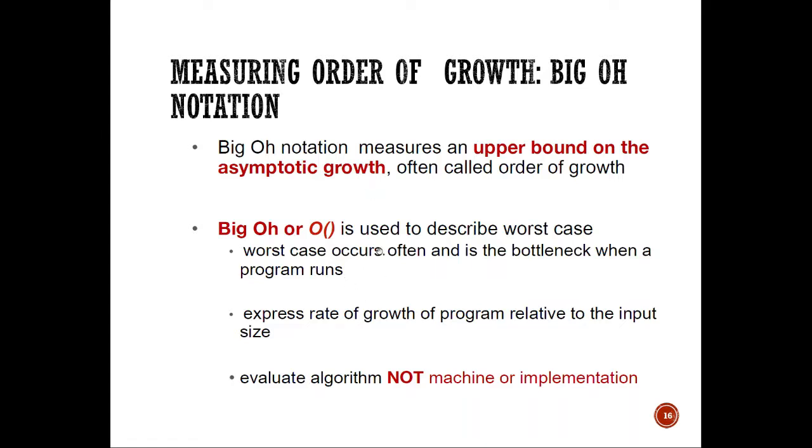It is used to describe the worst case, and this occurs often when a program runs. It expresses the rate of growth of a program relative to the input size, and most importantly, it evaluates the algorithm, not the machine or the implementation.